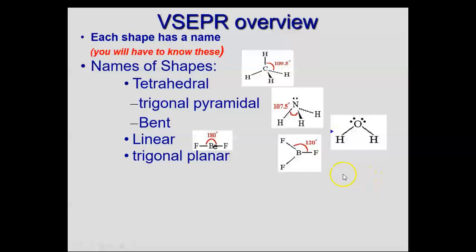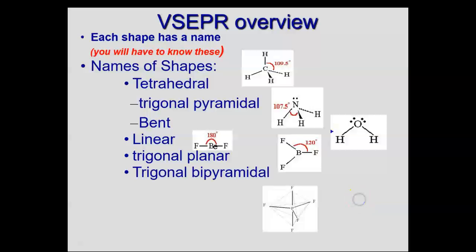If there were one lone pair here, as there could be in an ion, then you'd still have a 120 degree bond angle that might be pushed down a little more, maybe it's 118, 117 degrees.